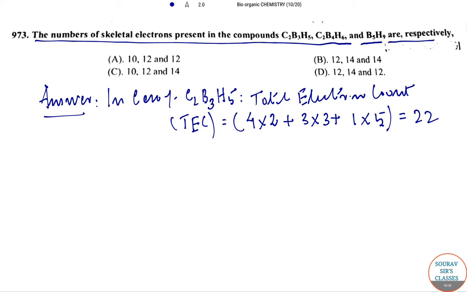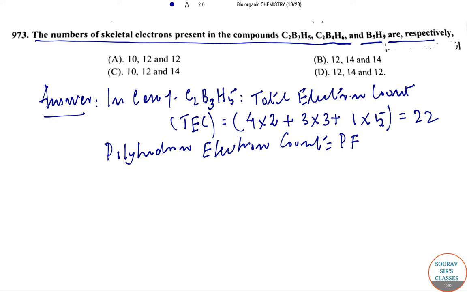Polyhedron electron count, PEC, is equal to 2 into 5, and that is equal to 10.